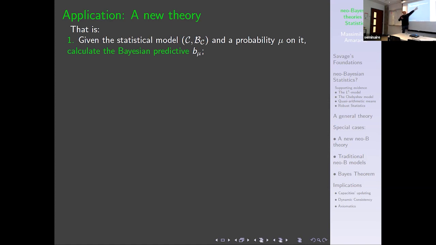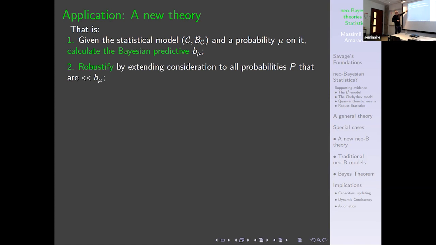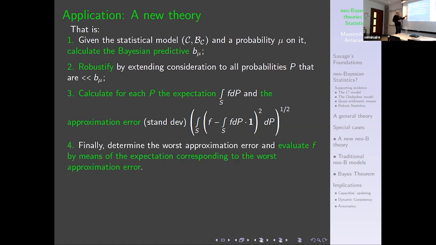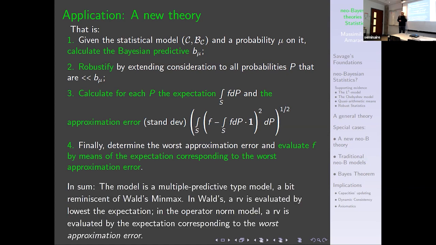You compute the prediction. Now, the next step that happens in correspondence of this operator node is that you robustify by extending all the probabilities to all probabilities that are absolutely continuous with respect to this average. Then for each of these probabilities, you calculate first the expectation and then the standard deviation. And then you determine the worst approximation error and you evaluate each function by means of the expectation corresponding to its worst approximation.